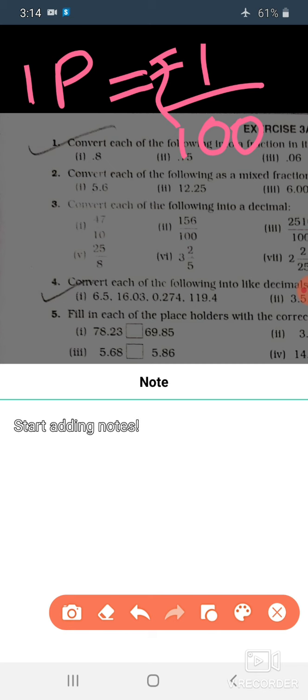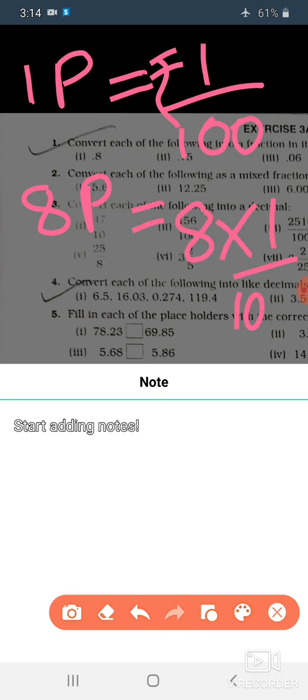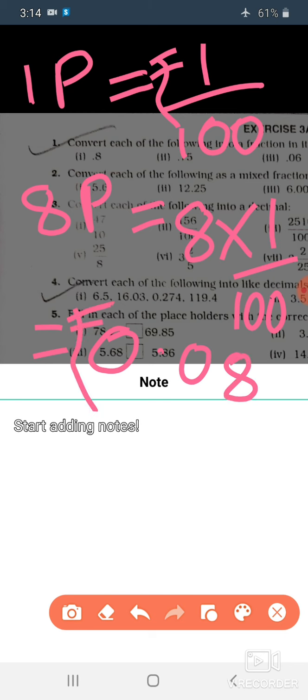So to convert 8 paise to rupee, we need to multiply 8 by 1 by 100, and the answer would be 0.08. You can write the rupee symbol here.